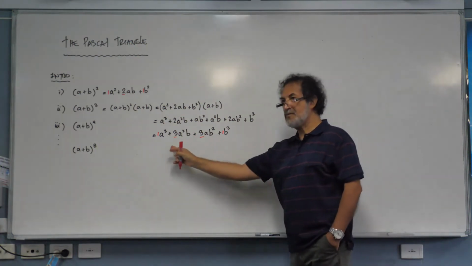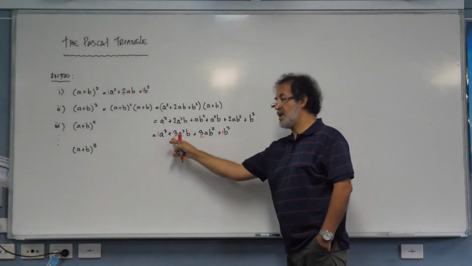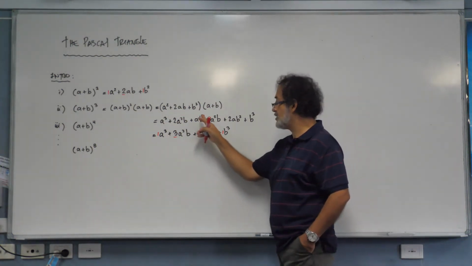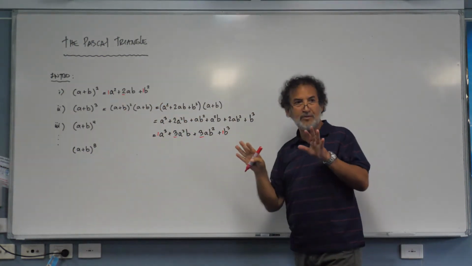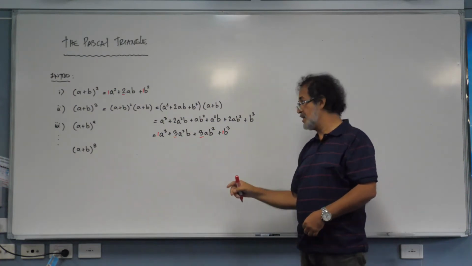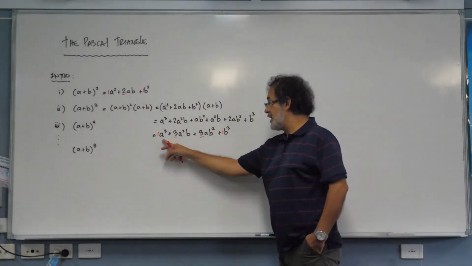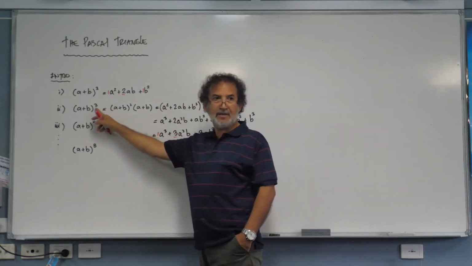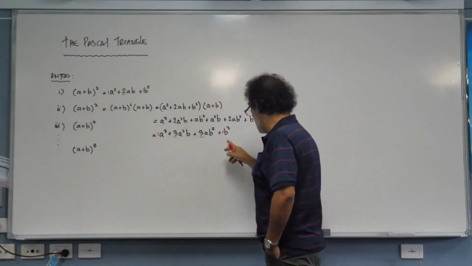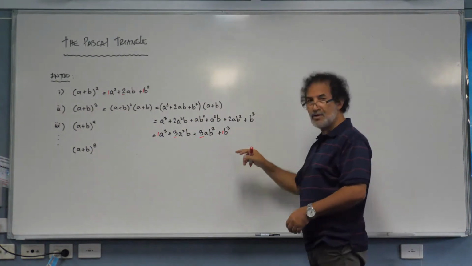Can you see the symmetry? Can you see that we have a symmetry in this, and also in that one? And also, I want you to look at this very carefully. The highest power for a is 3, which comes from the fact that this is a cube. And the highest power for b is also 3.